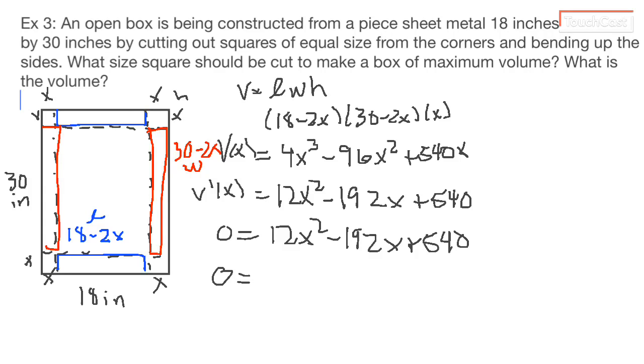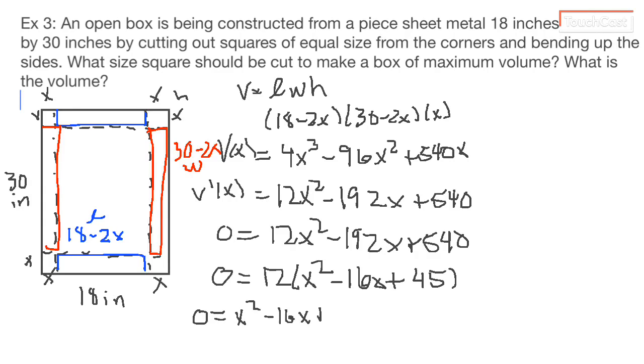So we're going to have 0 is equal to 12 times x squared minus 16x plus 45. Now, the only way this expression can equal 0 is if everything in the parentheses were to equal 0. So we can just set our quadratic x squared minus 16x plus 45 equal to 0.